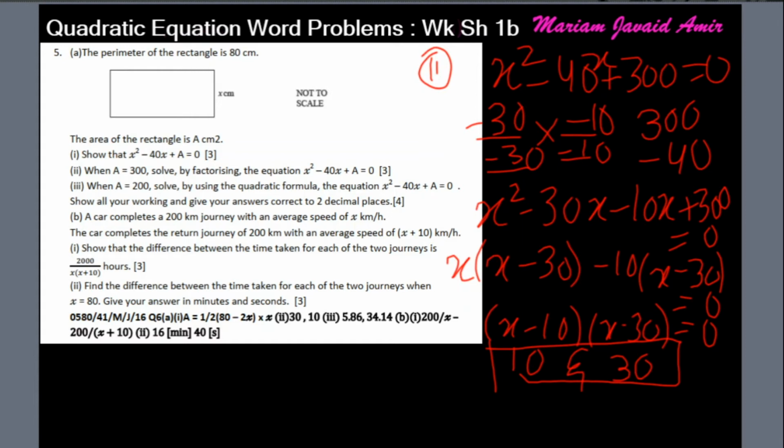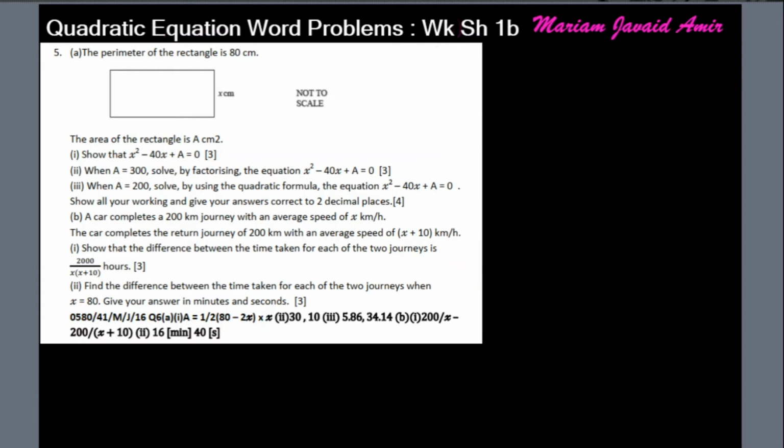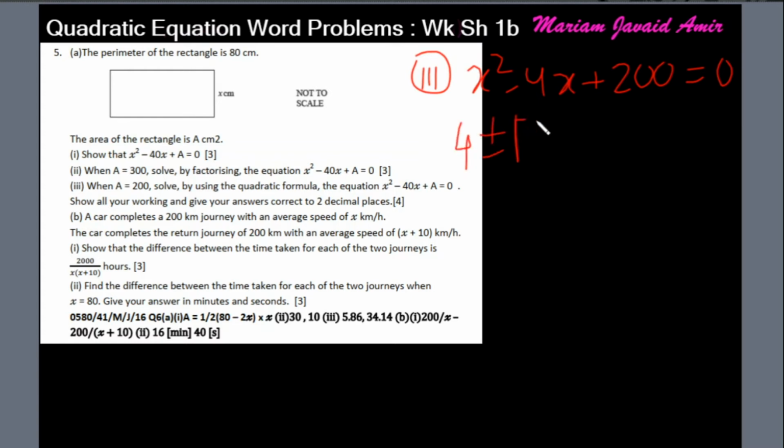Okay. Part 3, when a is equal to 200, solve this equation using the quadratic formula. So x squared minus 40x plus 200 equals 0. We use the quadratic formula, that's minus b, so minus minus 40 becomes plus 40, plus or minus the square root of b squared. B is actually minus 40, so b squared is 40 squared, which is 1600, minus 4ac.